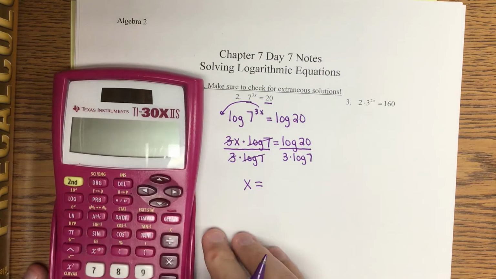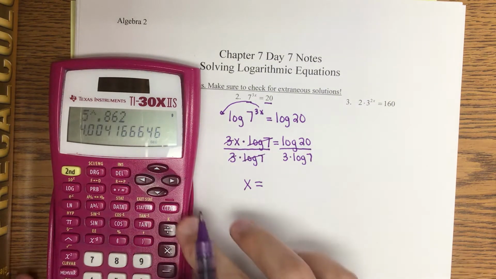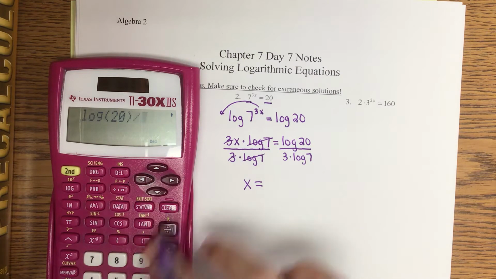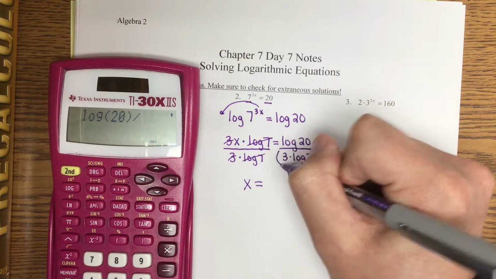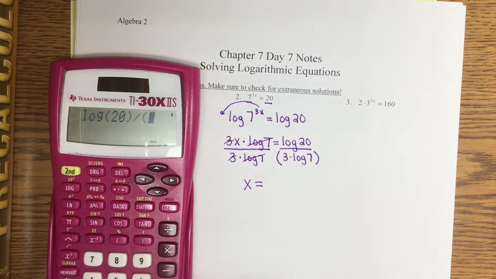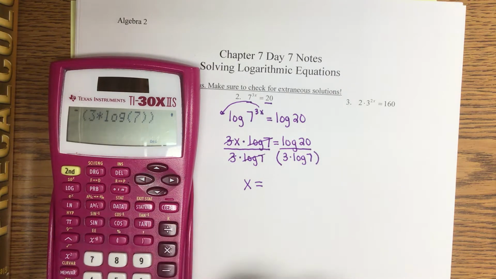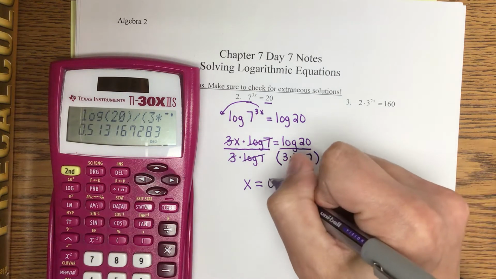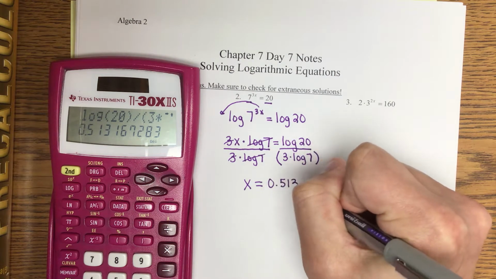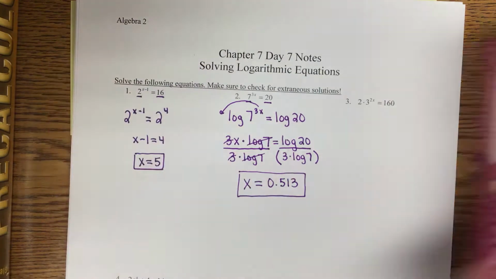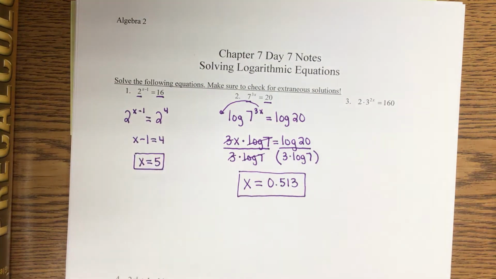So the way that I type this in, very carefully here, you're going to do log of 20, close parentheses, divided by, open up parentheses, 3 times log of 7. You'll have to double close those, and you get around 0.513. So here's basically the lesson for some of these. If you can get bases to be the same, do it. If you can't, take the log on both sides.